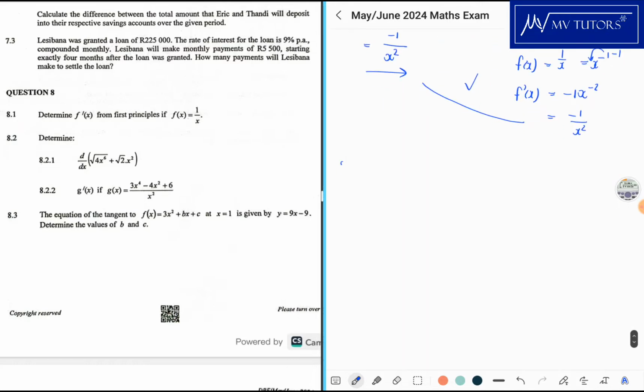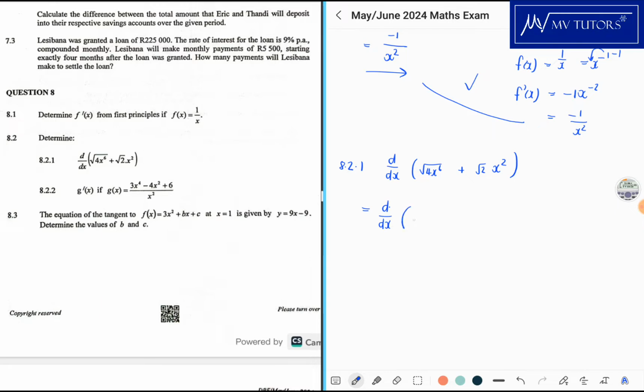Now 8.2.1, so now we need to determine the derivative of root 4 times x to the power 6 plus root 2 times x squared. I'm going to simplify this.